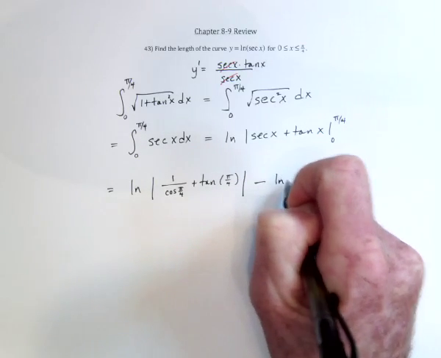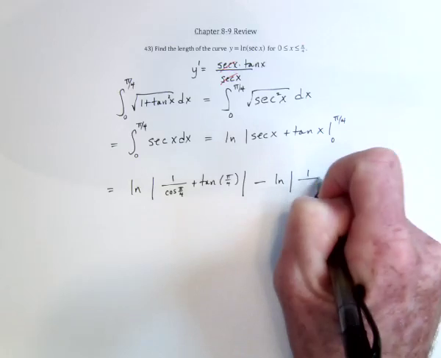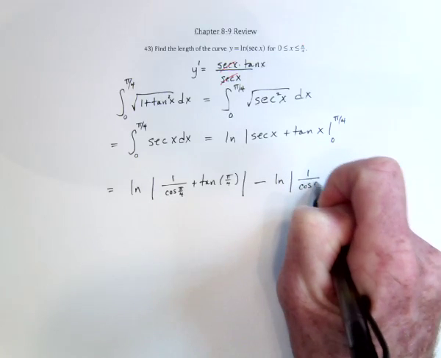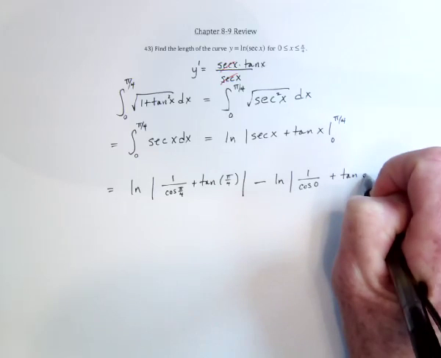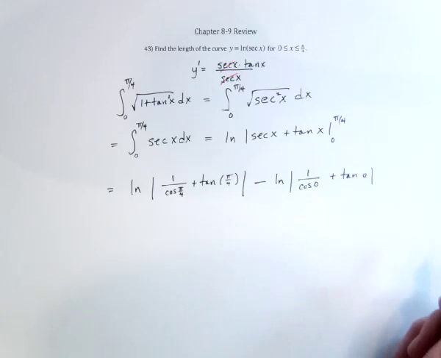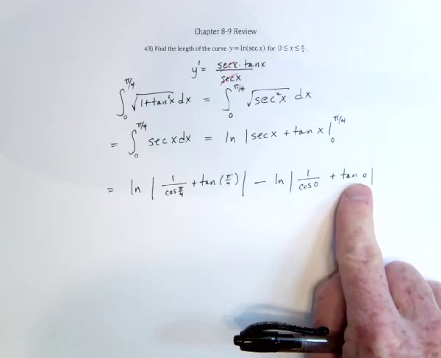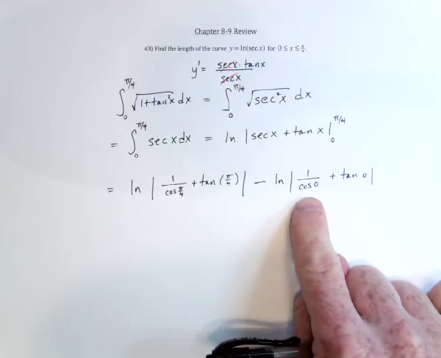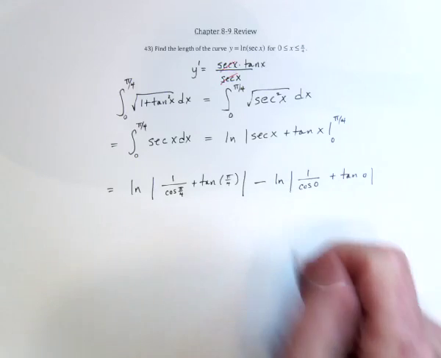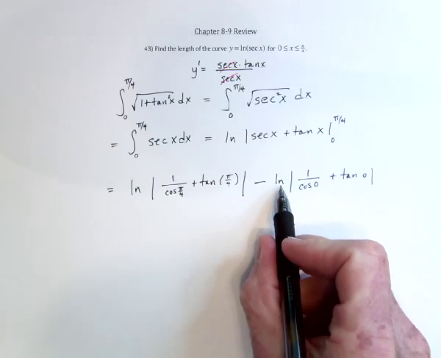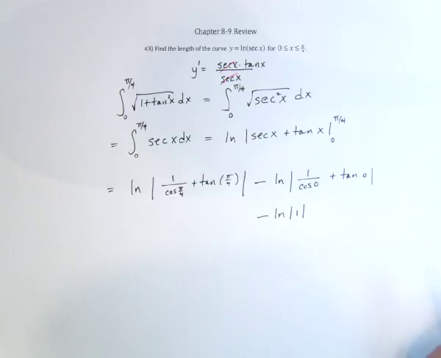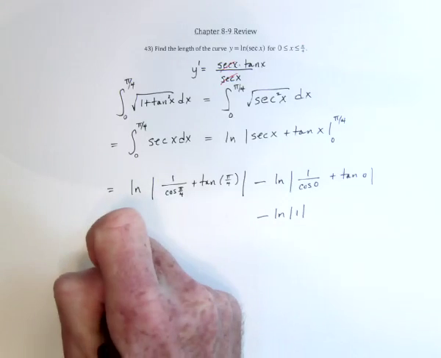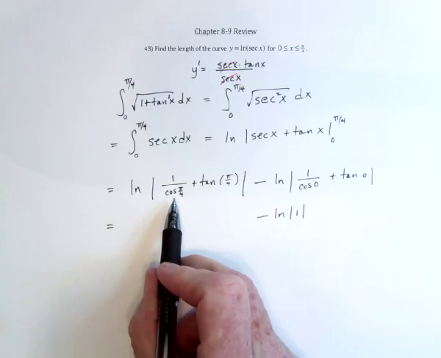Minus, when you take the natural log of 1 over cosine of 0, and then plus tangent of 0. So tangent of 0 is 0, cosine of 0 is 1, so this part in here I don't even need a calculator for. It's going to be the natural log of 1, which is going to end up to be 0. So if we get anything out of this, it's going to come from this.